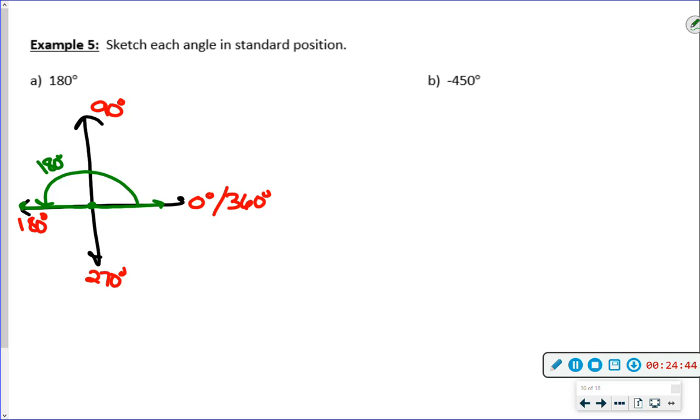Okay, now, I don't know about you, I don't want to draw negative 450 because you're going to have to go around the circle more than once. So we're smart, we're going to use our knowledge. I know I could add what to that and end up at the same spot? Yeah, so let's add 360. Work smarter, not harder. What's negative 450 plus 360?